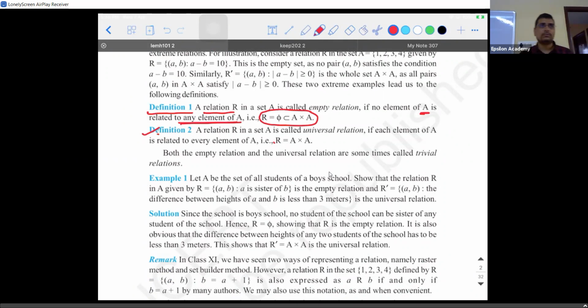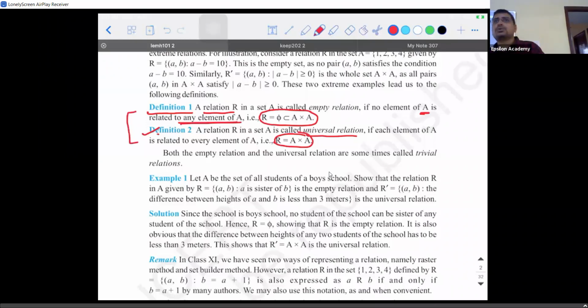Empty is 0. Maximum is 100%. 100% means universal set. So you can call a relation a universal relation under what scenario? When all the elements of set A are related to the elements of set A, so R is equal to A cross A. That is what we call a universal relation. Am I clear with this? We discussed this in the last class, right?